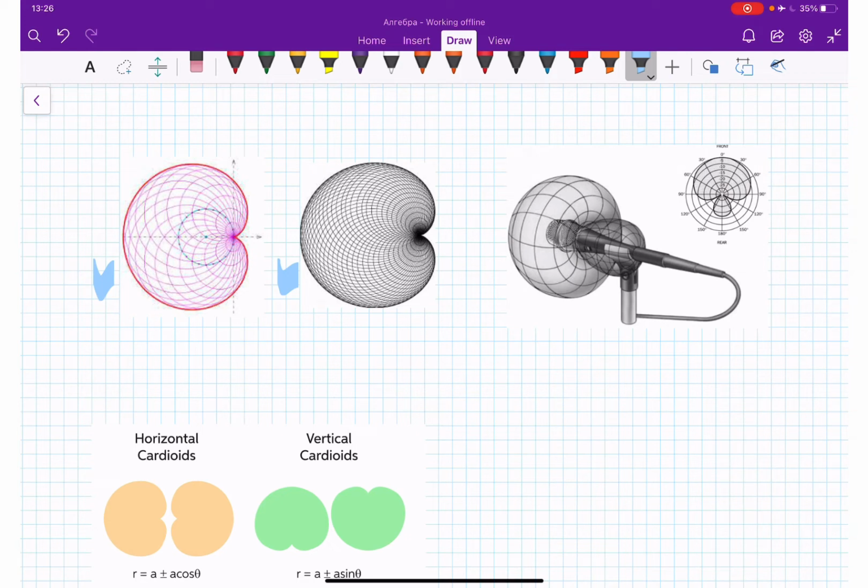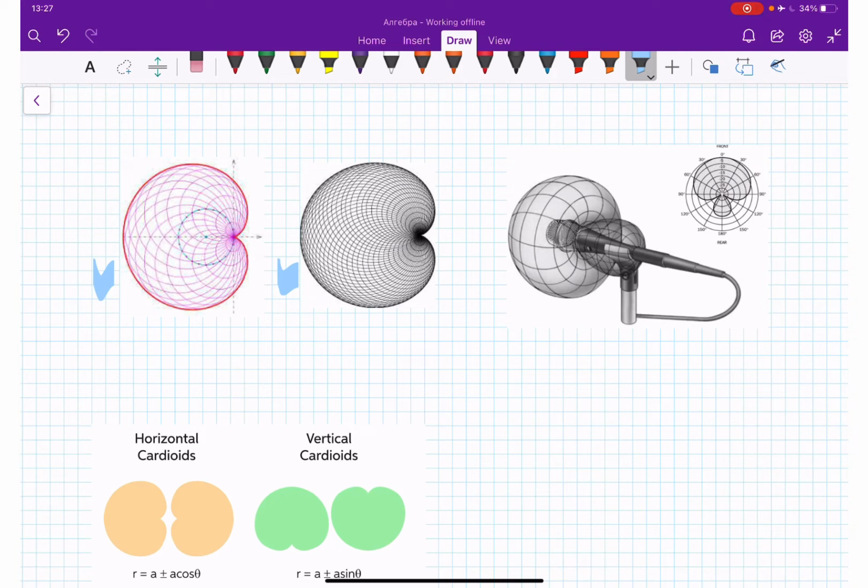What is it for? I don't know if you have heard, they make cardioid microphones. And cardioid microphones are great for recording vocals and anything that is supposed to sound dry and close.